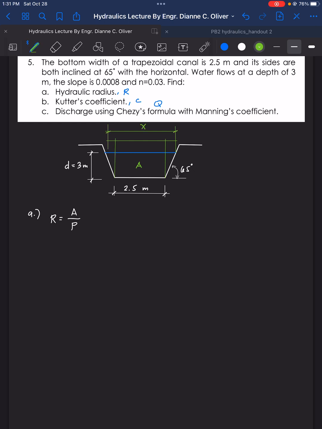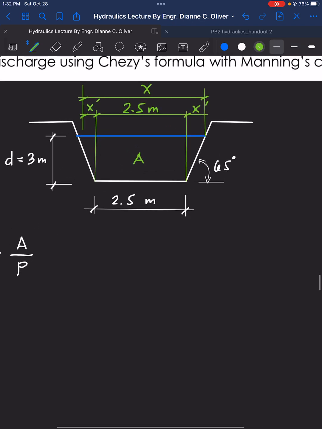So this is x. Let's name this as x prime. This is x prime, and this is 2.5 meters. We have here the angle 65 degrees, so this is 25 degrees.